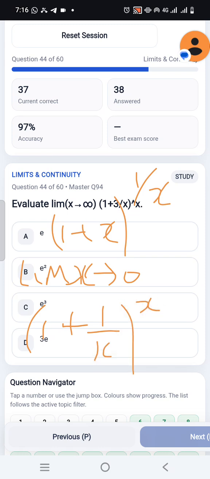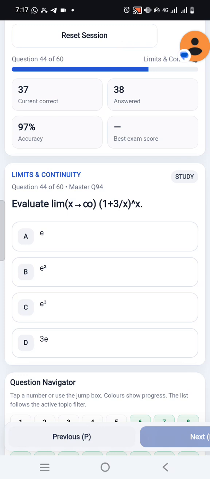So when x tends to infinity, 1/x tends to 0. When x tends to 0, this x that is there also tends to 0. These two inside the bracket are tending to the same thing, so 1/x when x tends to 0 is infinity. This x is also infinity in this way, so it's literally the same definition.